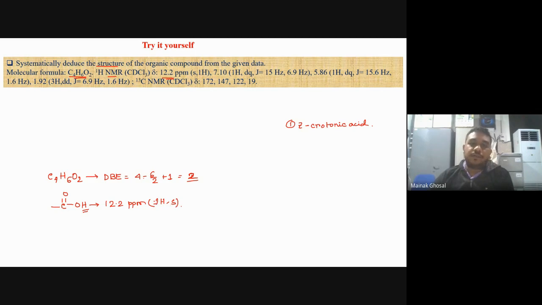Now we are left with three data: 7.10, 5.86, and 1.92. From the coupling constants that are given, you can see that this one and this one are coupled. This is coupled to this one also because of this coupling 6.9, and another one, 1.6, is there in this one.